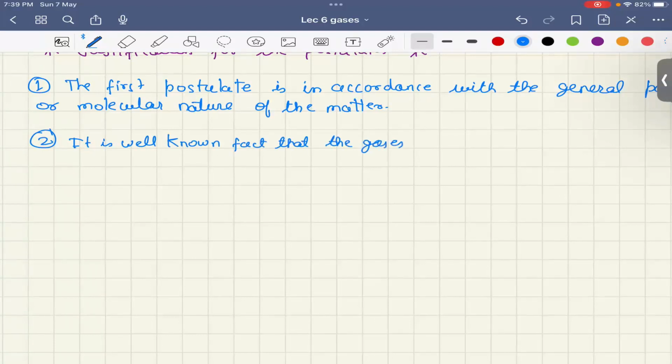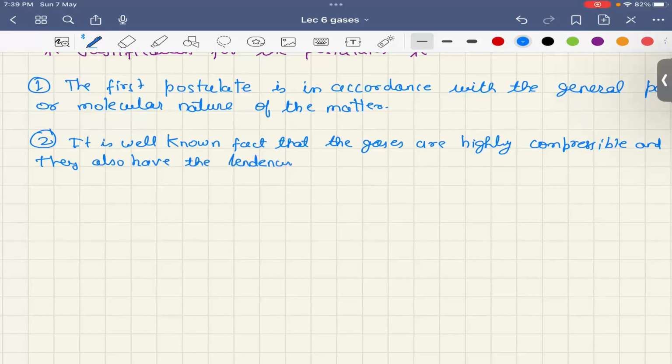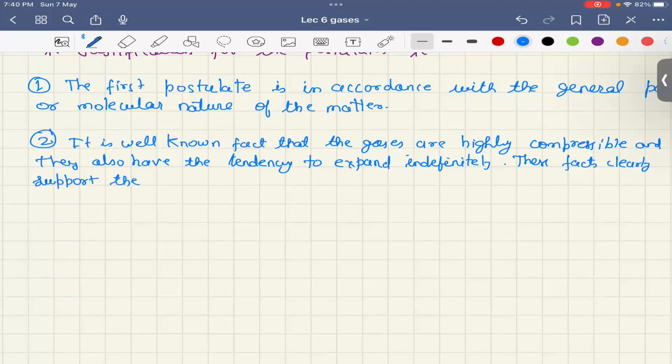So it is a well-known fact that gases are highly compressible and they also have the tendency to expand indefinitely. These facts clearly support the second postulate, right?